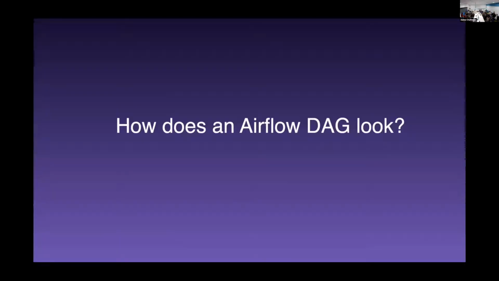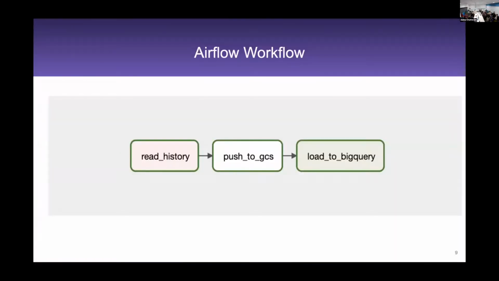Okay, so enough of the definition of what a DAG is. Let's take one example of how it looks. I just want to show you one workflow, a very simple one.